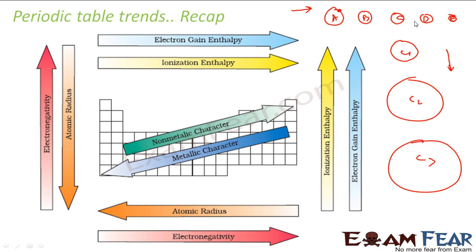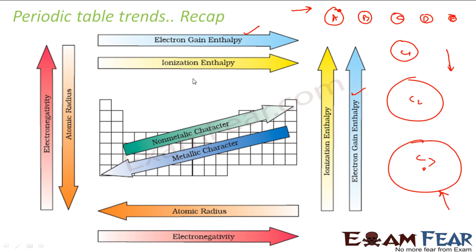So electron gain enthalpy will increase as you go from here to here. Similarly, if you go down the group, the atomic size increases, so it's difficult for C3 to pull electron, but easy for C to pull electron. So the electron gain enthalpy is more here, less here. So if you go up, it increases.